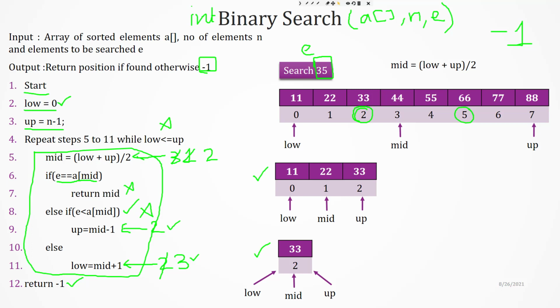So that's all about binary search. Now we will try to implement binary search. So here I am using some functions. I already told you the binary search function will return an integer value. So int binary search.